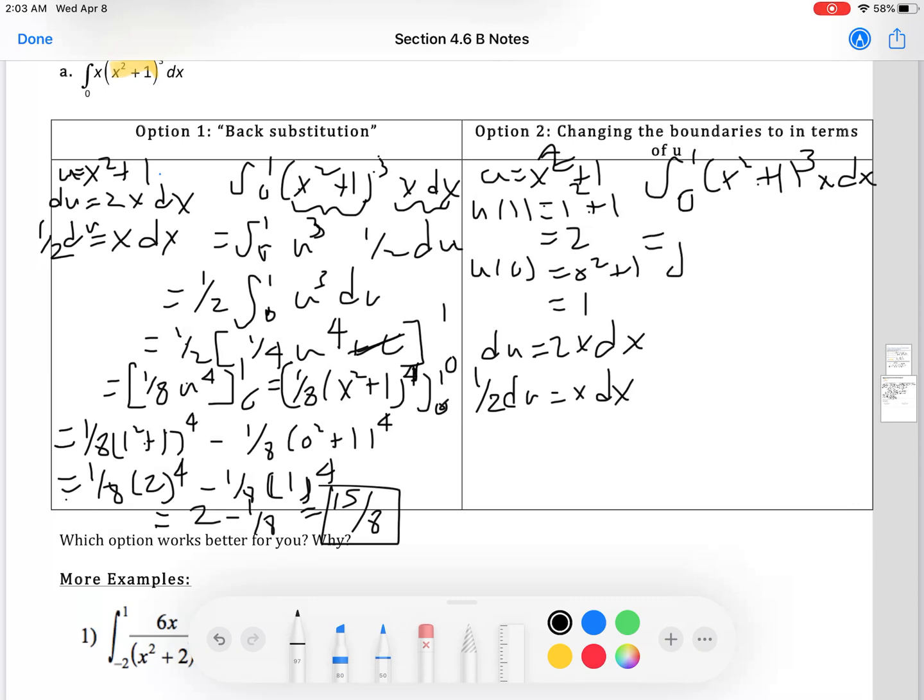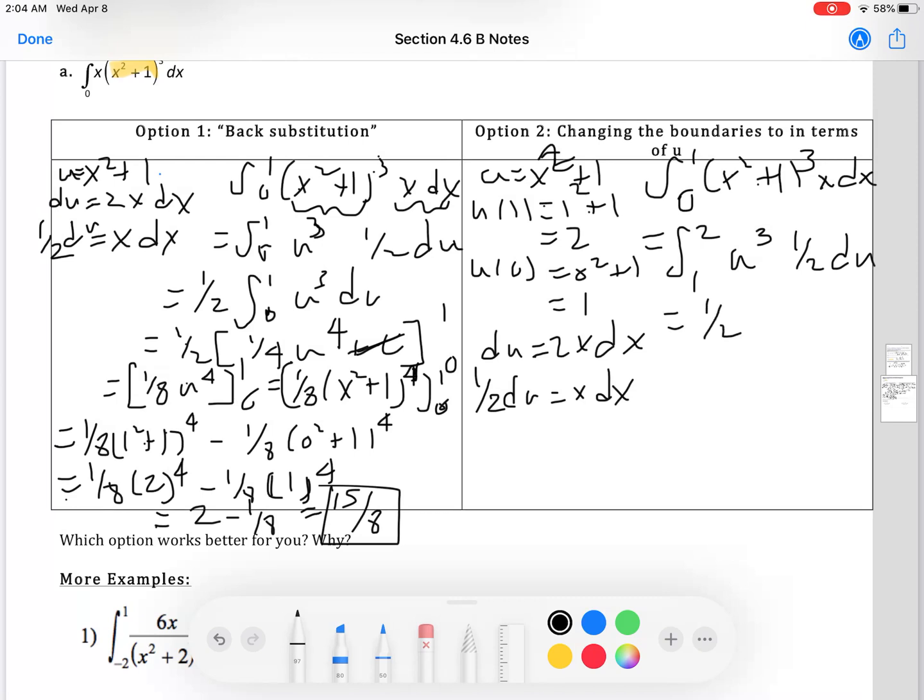Because I plugged 1 into my u expression, that's going to be 2. And 0 plugged into my u expression is going to give me 1. And I'm going to write that integral as u cubed times 1/2 du.